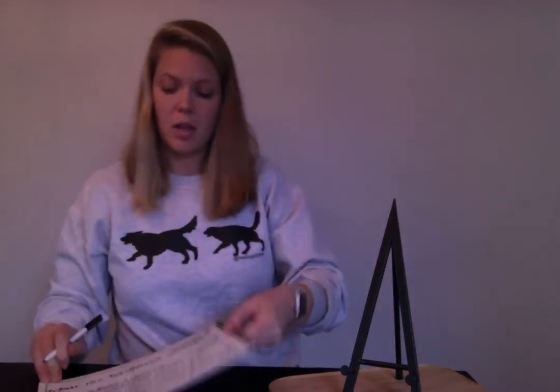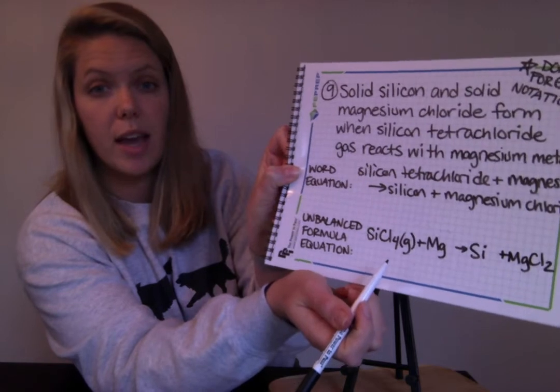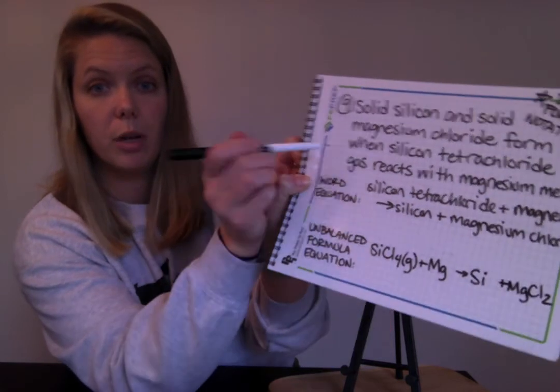I'm just going to give myself a little bit more room. All right, so our silicon tetrachloride has a G after it for gas, which we pulled from up here, right?